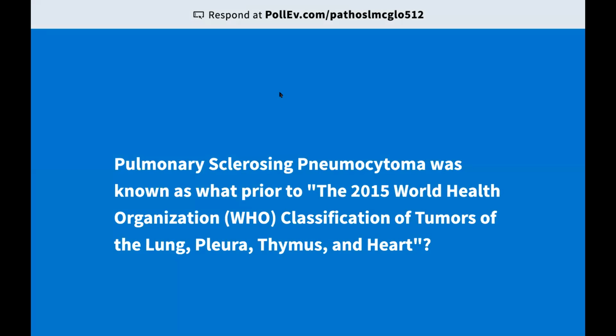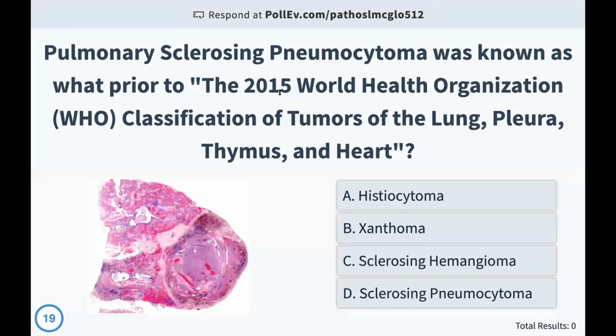Pulmonary sclerosing pneumocytoma was known as what prior to the 2015 World Health Organization classification of tumors of the lung, pleura, thymus, and heart? Is it histiocytoma, xanthoma, sclerosing hemangioma, or sclerosing pneumocytoma?